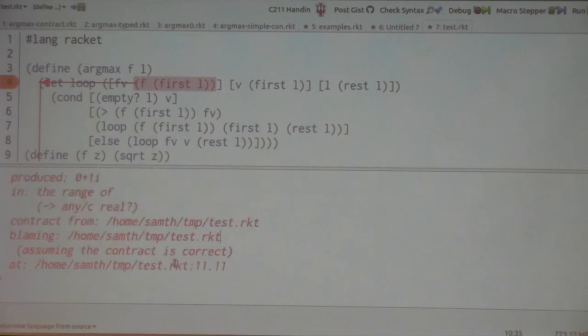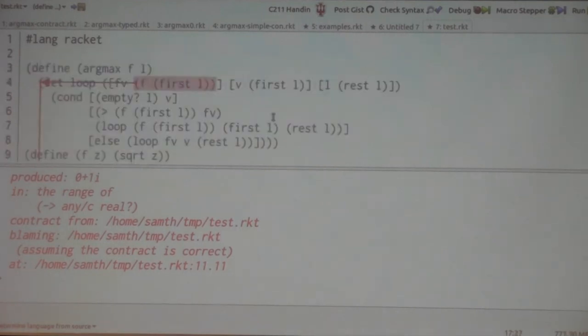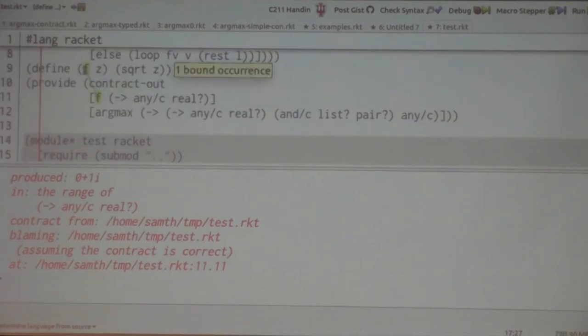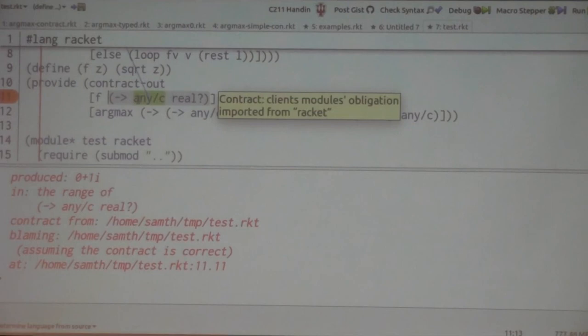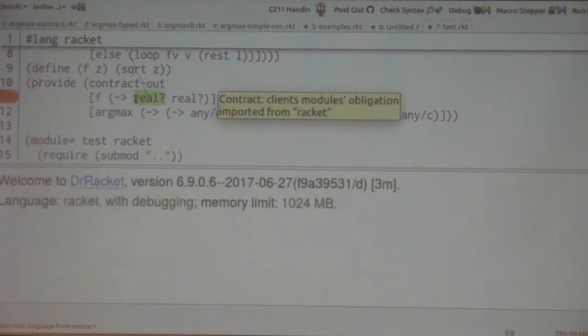Unlike previously where we blamed the client, the person using Argmax, now we're blaming the definition of f, because the definition of f said, if you give me anything, I'll give you a real number, and that's manifestly not true. So we can strengthen the contract for f.